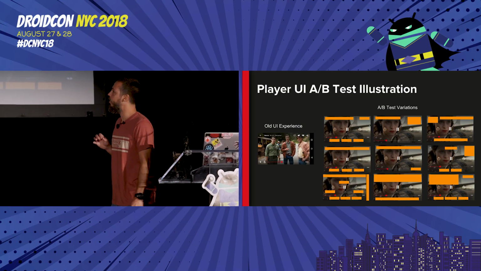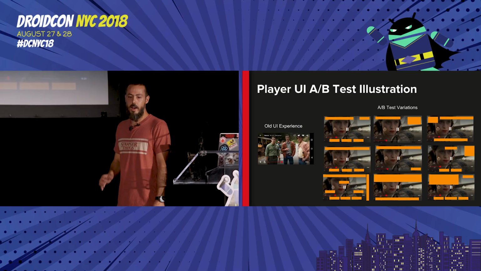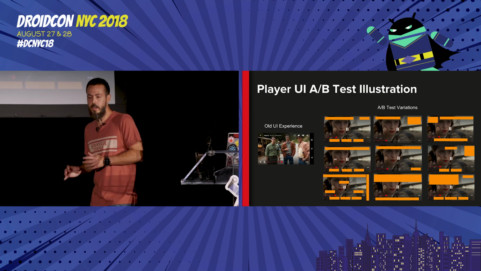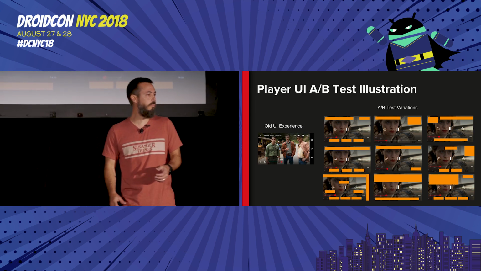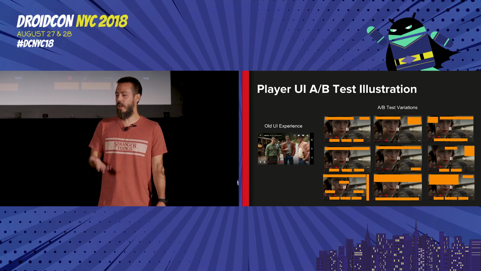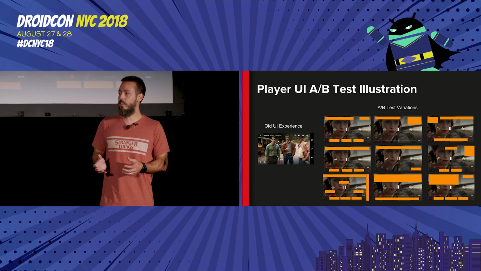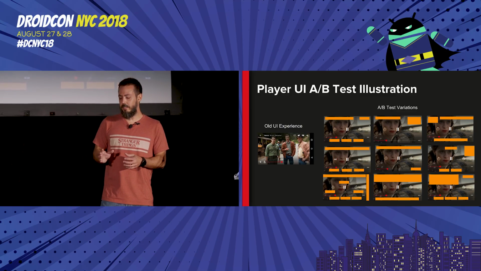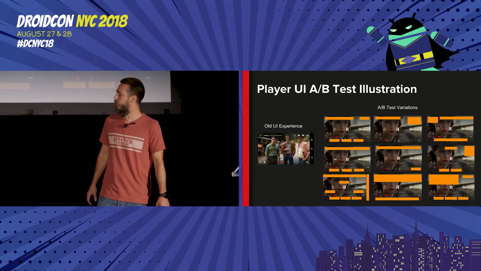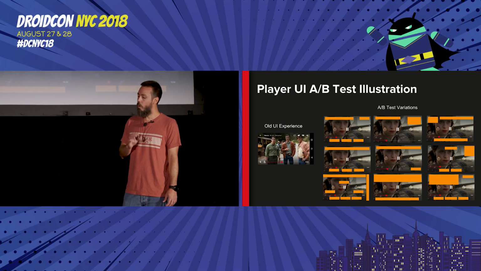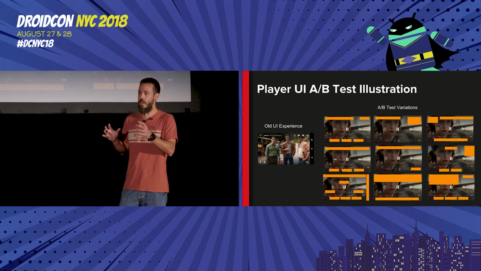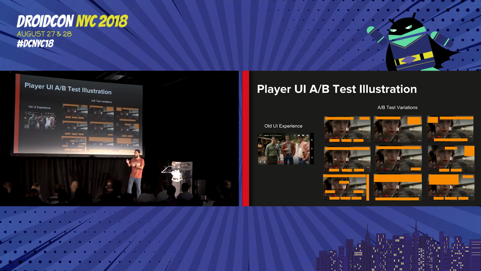This is one illustration about the player. Some things that we tested for the player, if you remember in the left, we had our old player UI that we had for a long time, and then we decided to make it better. So we tested a lot of different variations of that UI, and if you see in your left, every single orange box is a UI portion that we played around, we moved it, we tried different ones to see which one works better.